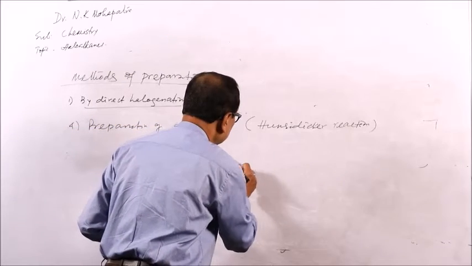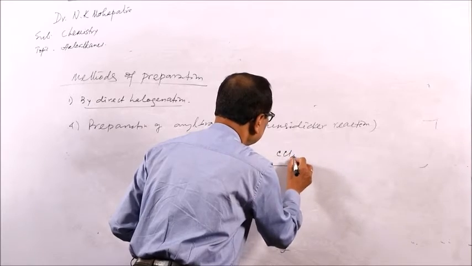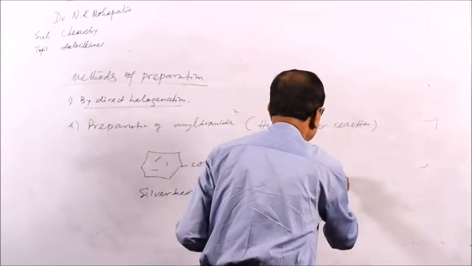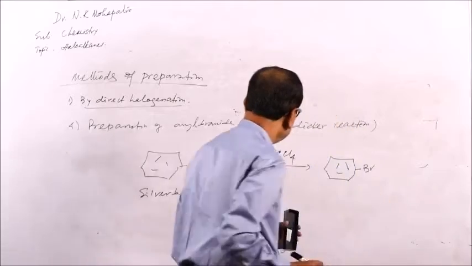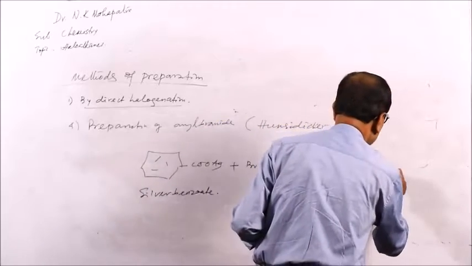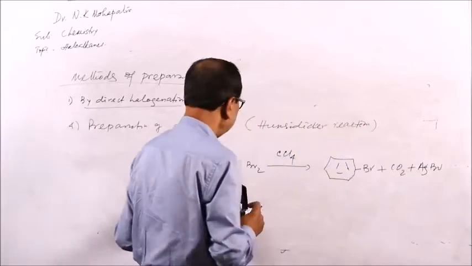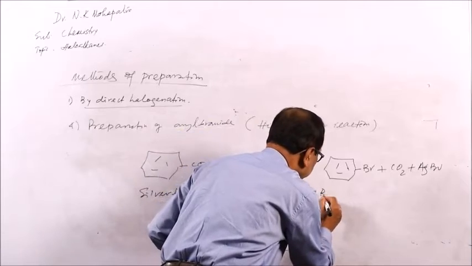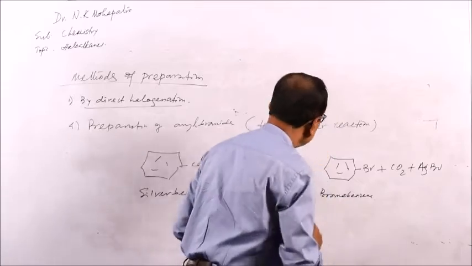If it is treated with bromine in a neutral medium, carbon tetrachloride, the product formed is bromobenzene plus carbon dioxide plus AgBr. So this is the only method of preparation of bromobenzene of this kind, and this reaction is called Hunsdiecker reaction.